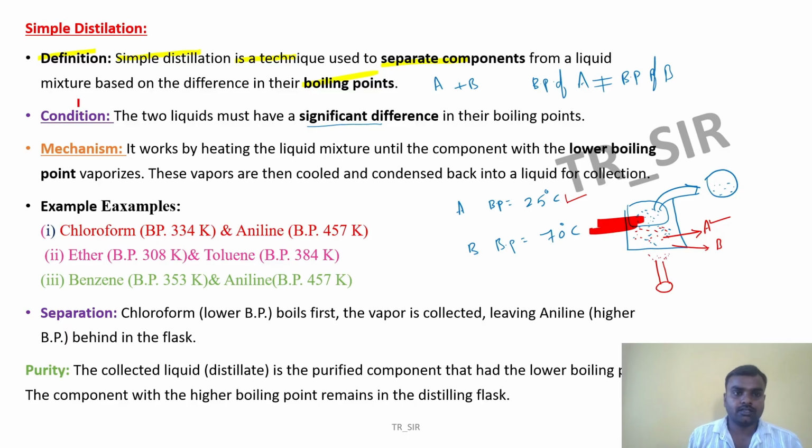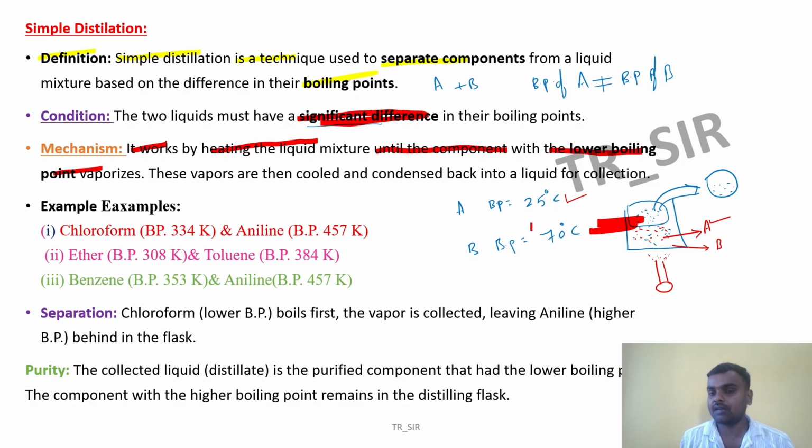The first condition is that the two liquids must have a significant difference in their boiling points. It works by heating the liquid mixture until the component with the lower boiling point vaporizes. A has the low boiling point and B has the high one.